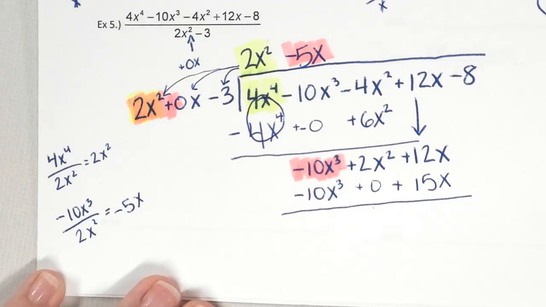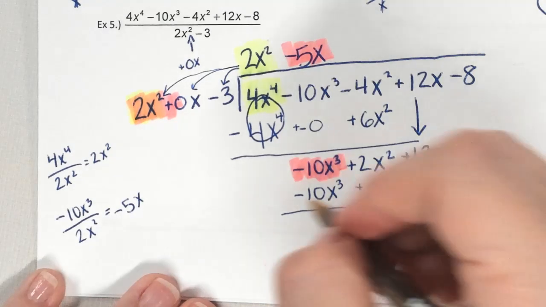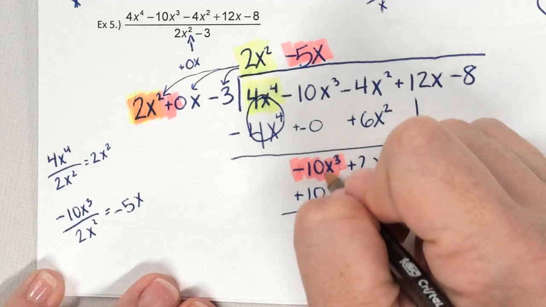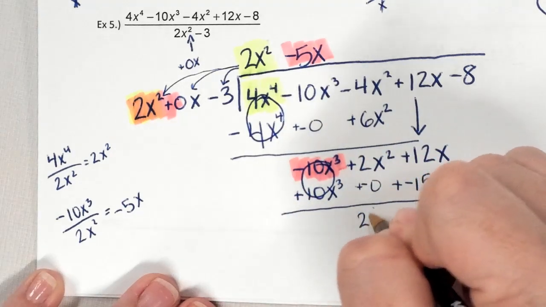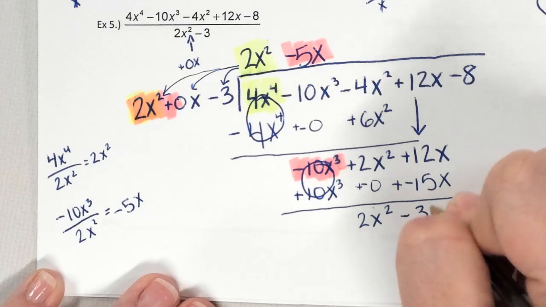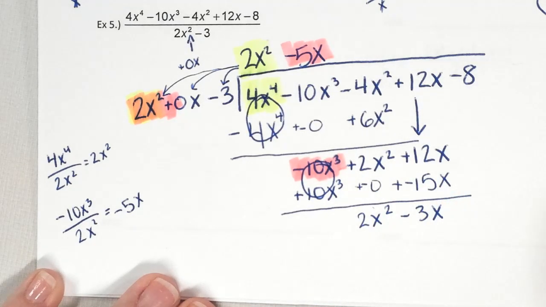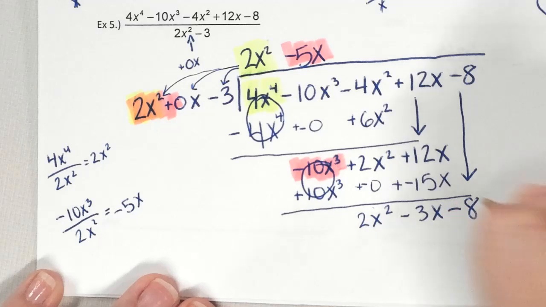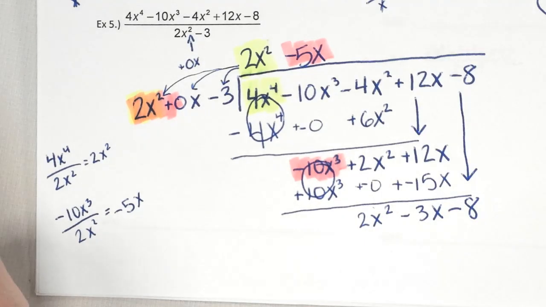Now what? Yeah, opposite, opposite, opposite. This cancels. This comes down. And what does that give me? Negative 3x. Now what? Bring down my minus 8, which is my last one, which means this is our last round. Okay?